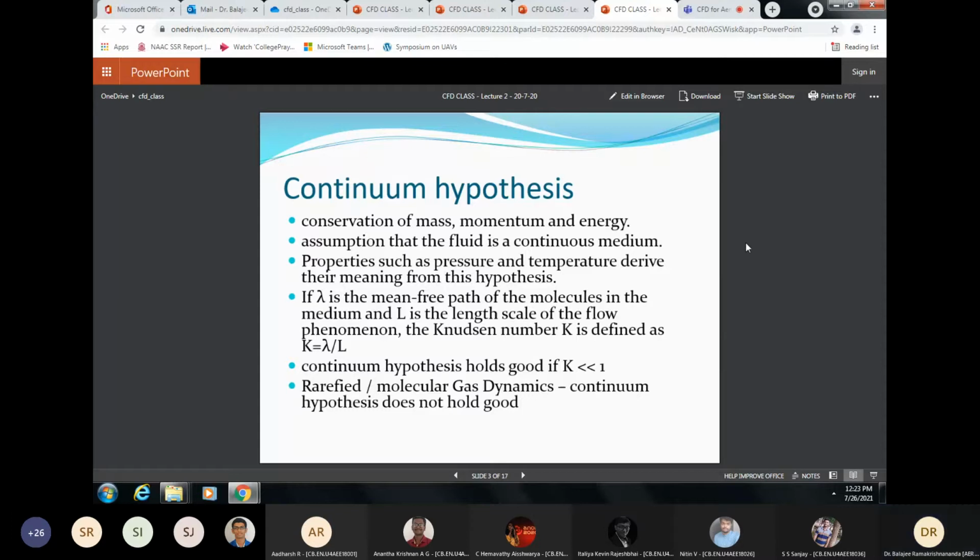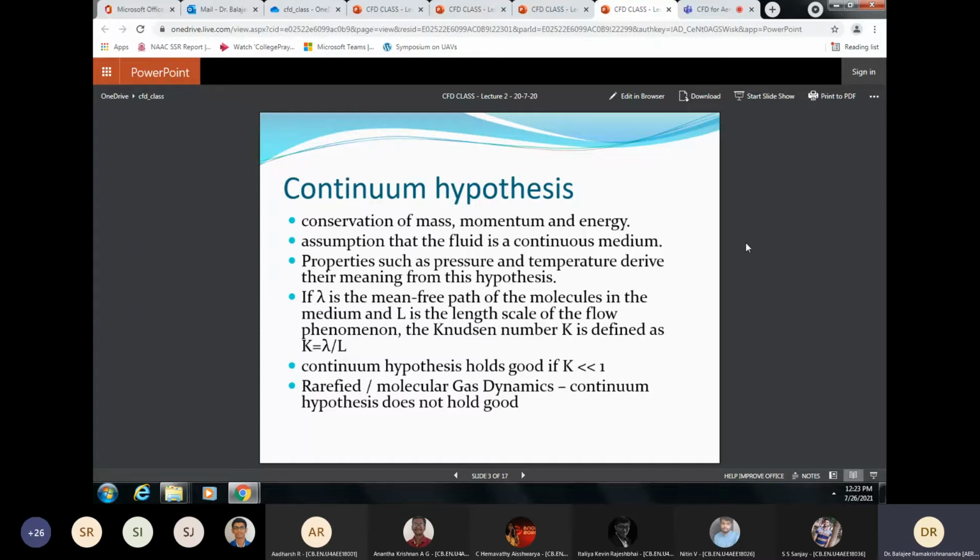People have done that for simple cases for a small volume, mainly because of computational power limitation. Nowadays, with more and more computational power being available, people are going to the DNS approach, the direct numerical simulation approach. They're using molecular kinetics for calculation of everyday problems. And the main advantage is you don't need a turbulence model there, because the molecular collision itself will take care of everything.